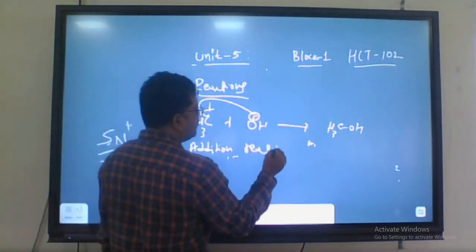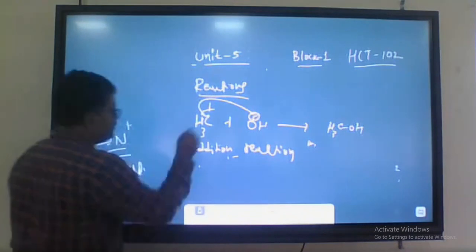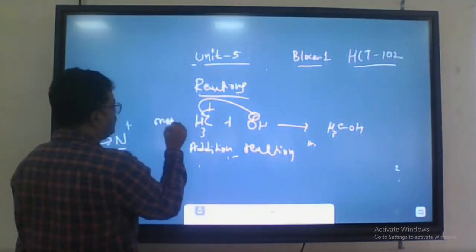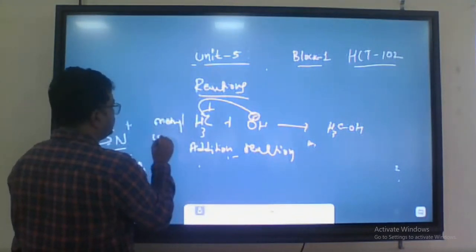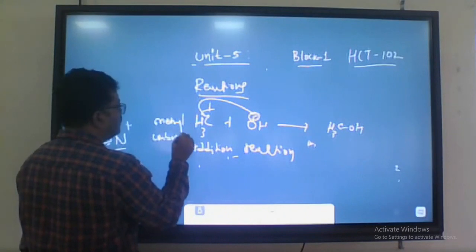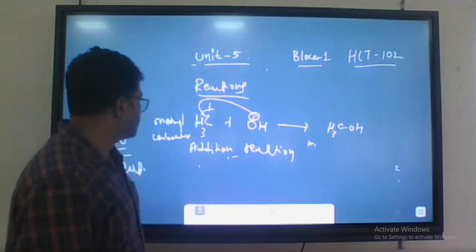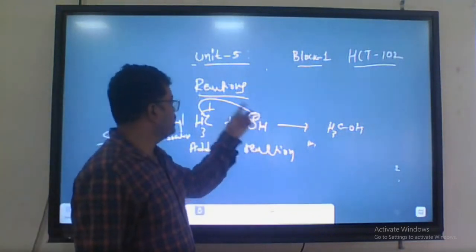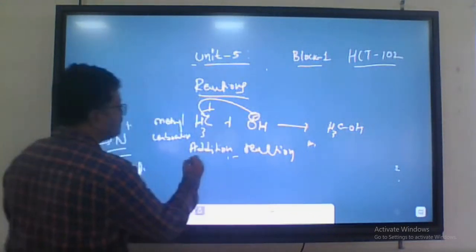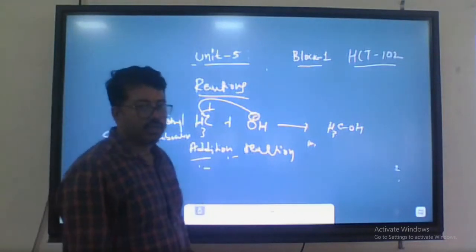Addition reaction. This is a methyl carbocation. This OH minus, hydroxyl, the OH minus, adds to this. This is an addition reaction.